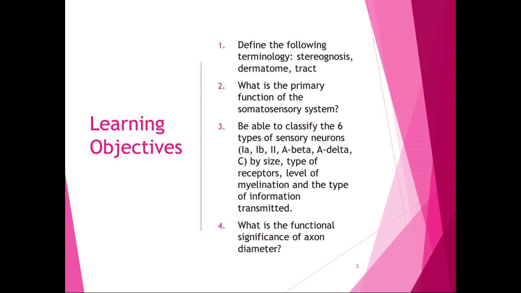So more heavily myelinated axons transmit information faster. You'll see some descriptions of axons that say they're unmyelinated, and really none of our peripheral axons are completely unmyelinated, but we'll just say they have a very low level of myelination.